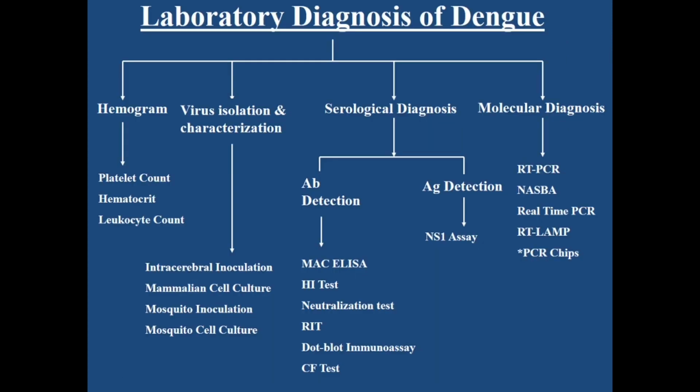Now coming to laboratory diagnosis of dengue, it can be a hemogram, that is counting the platelets, hematocrit, leukocyte count. Virus may be isolated using cell cultures. Serological diagnosis will help a lot, because most of the labs diagnose using serology, and molecular diagnosis is for confirmation.